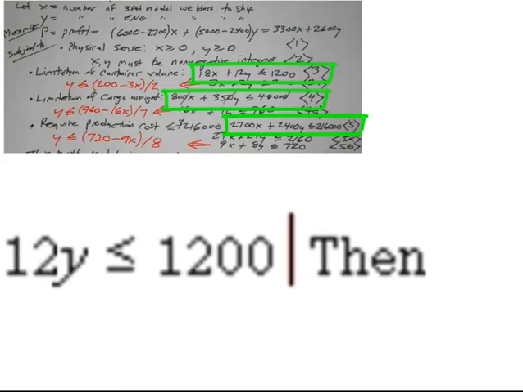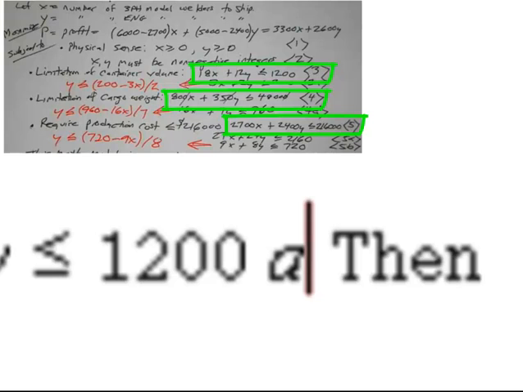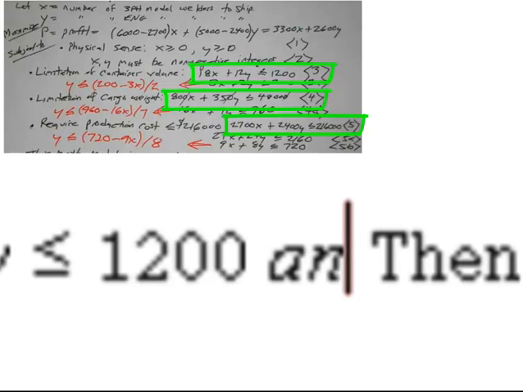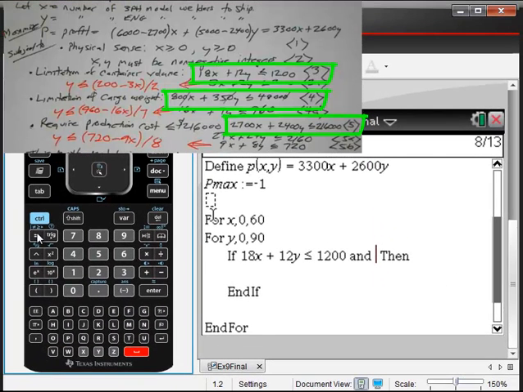And watch how the font changes with respect to what letters you put in for and. In other words, you start with A, N, C, all italics, right? But once I put the D, boom, changes to regular font because and is recognized as being a logical operator by the Nspire. Okay, and it's time for inequality number 4. In its primitive format, that looked like 800x plus 350y less than or equal to 48,000.